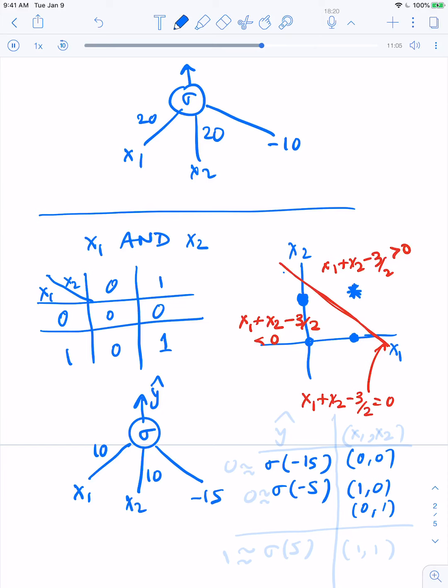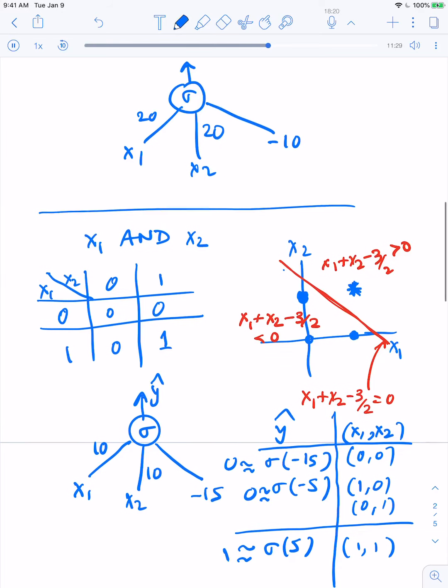And for 1, 1, you get 20 minus 15, sigma of 5. So you get sigma of 5 for 1, 1. So this is my y hat for all these cases, and this is my x1, x2. Right? So you can basically get something that is close to 1 in the right place, and the others are close to 0.